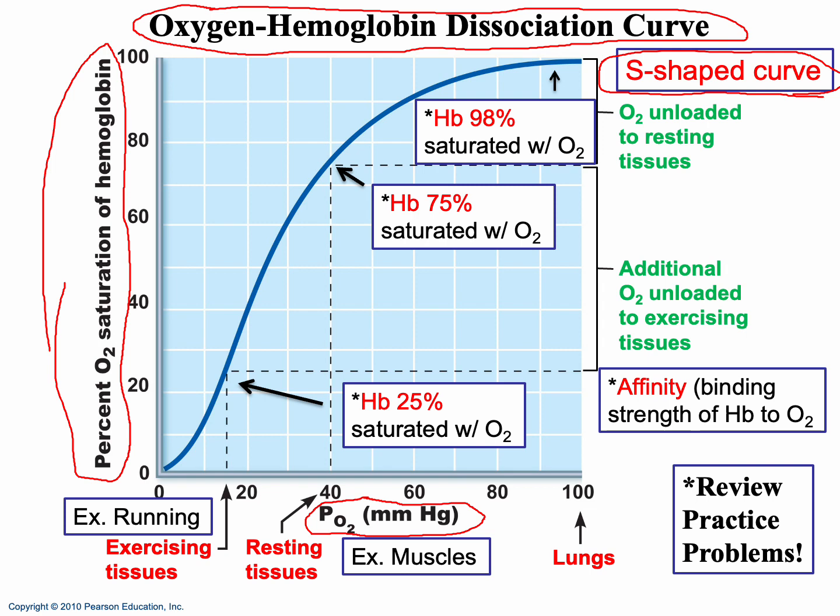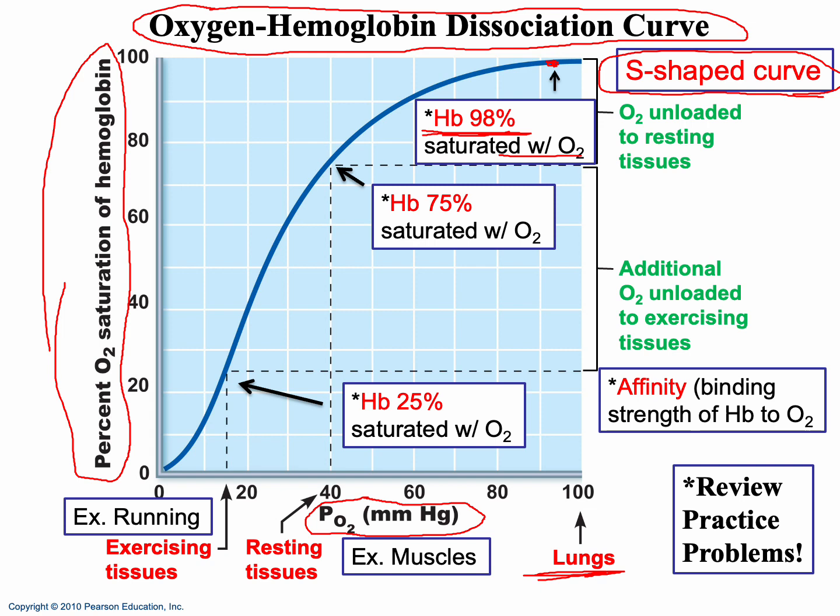So at the top of the curve, approximately right about here, indicated by the arrow, there's a 98% saturation. So hemoglobin is 98% saturated with oxygen, referring to that amount of oxygen bound to hemoglobin. That's the case very early on when we consider the oxygen going through the blood at the level of the lungs.